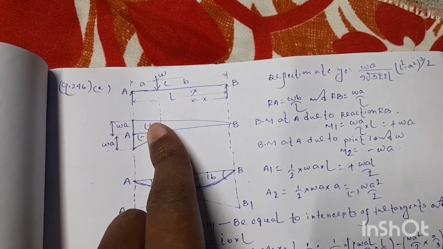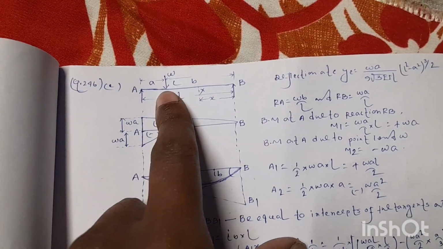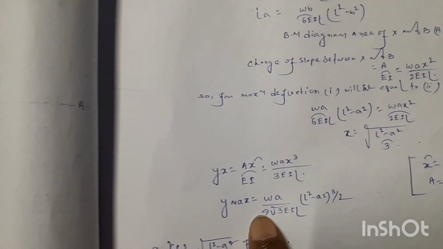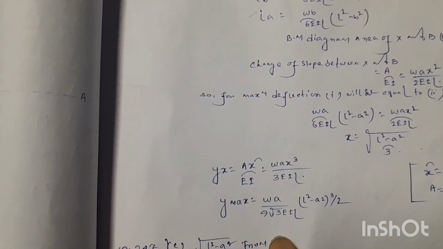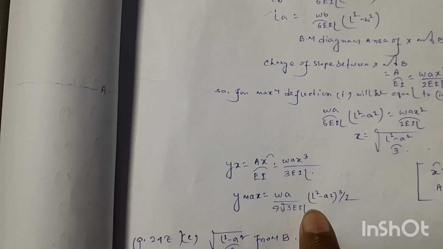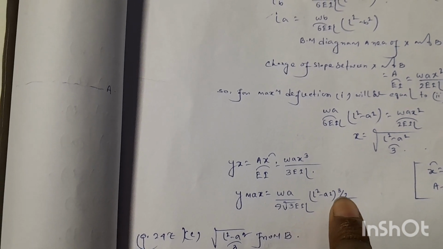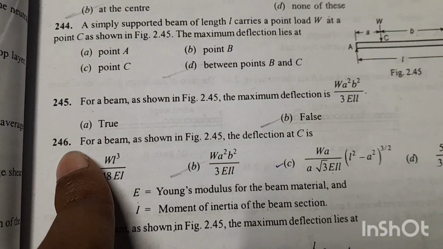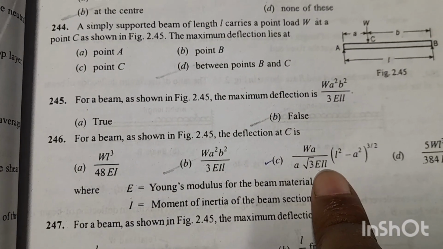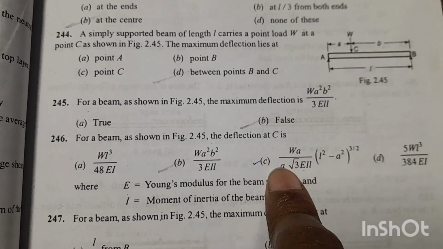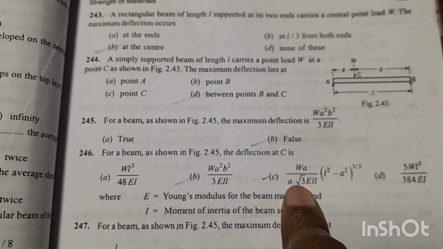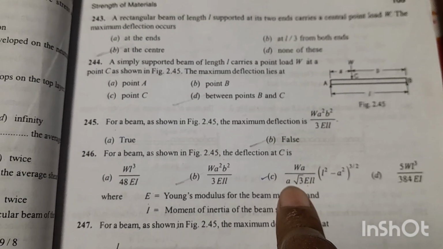The deflection at this point C, which is the maximum deflection, Y max, will be equal to W b divided by 9 root 3 E I L within bracket L square minus b square to the power 3 by 2. So for this question 246, option C is the right answer, and this is not A, this will be 9, and it is a print mistake.